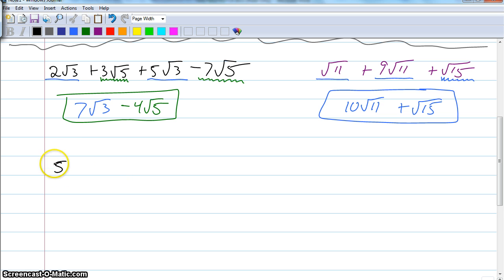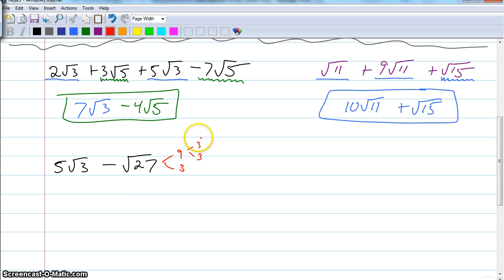Let's go with 5 root 3 minus root 27. Now, right away, you might notice that I got 5 of these root 3 things minus 1 of these root 27 things. They're not the same things. However, can root 27 break down any? Well, 27 breaks down to 9 and 3. 9 breaks down to 3 and 3.